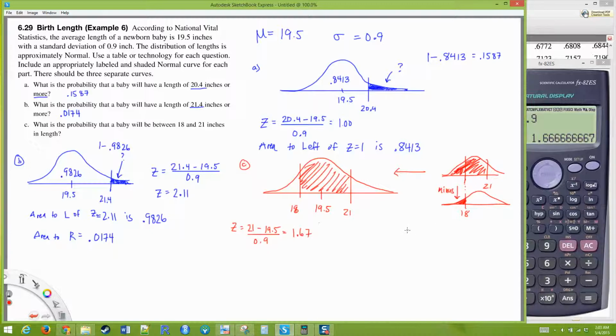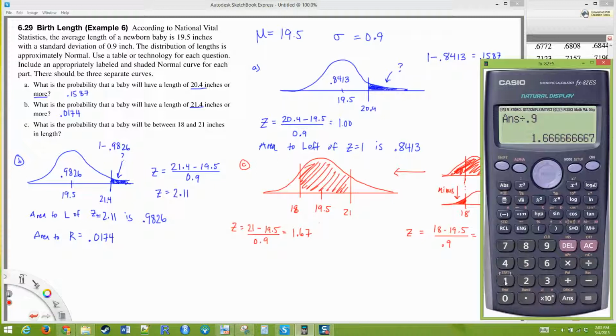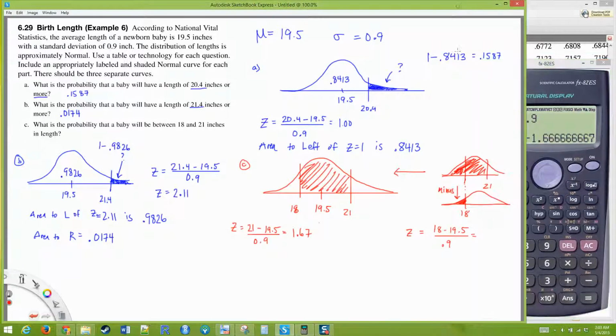We're going to find the z-score for 18. 18 minus 19.5 over 0.9. It's going to be negative 1.67, but we'll punch it out. 18 minus 19.5 gives me negative 1.5. I divide that by 0.9, and I get negative 1.67.